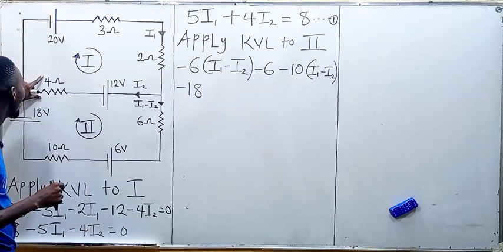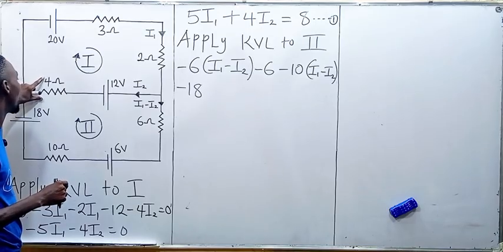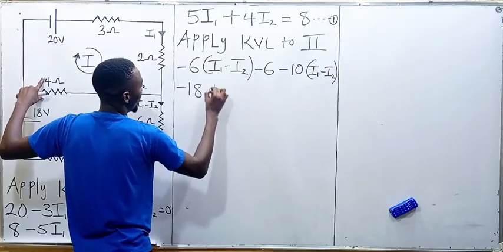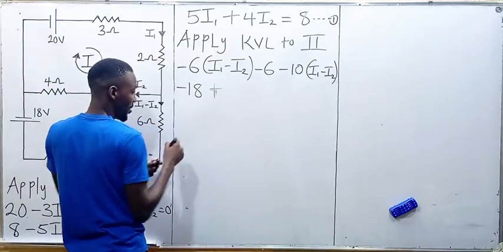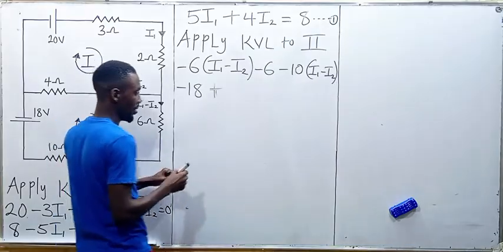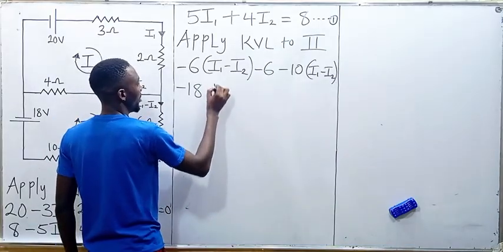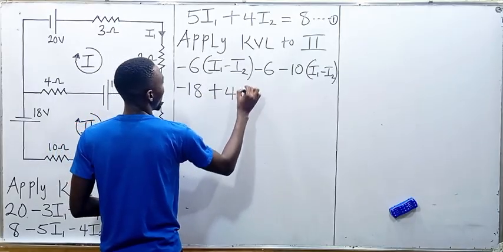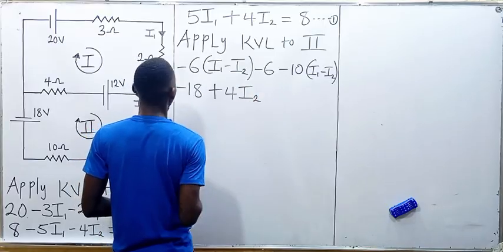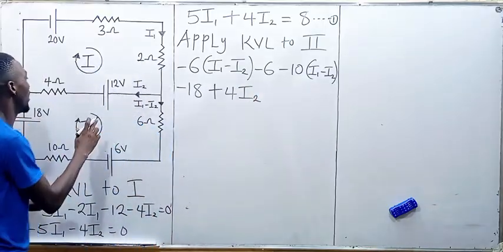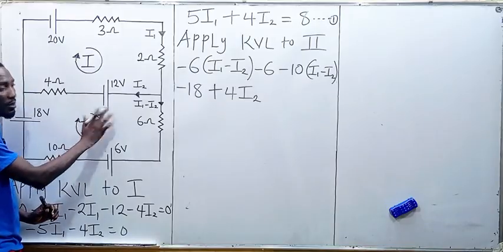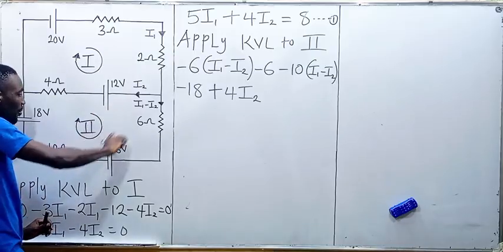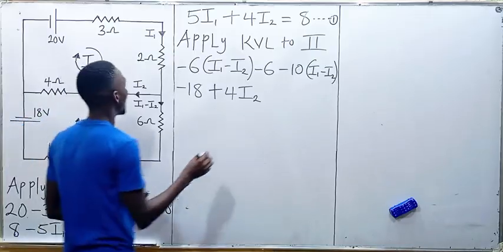So the voltage across this 4 ohm resistor is going to be positive 4I2. Again, we are moving from negative to positive across this voltage source, so it's going to be plus 12.